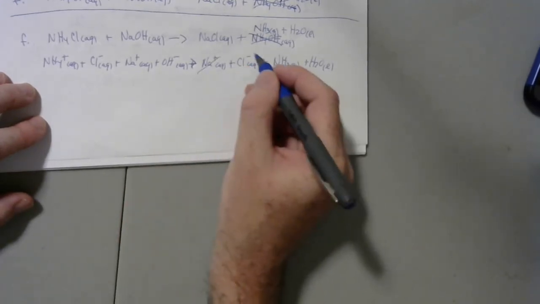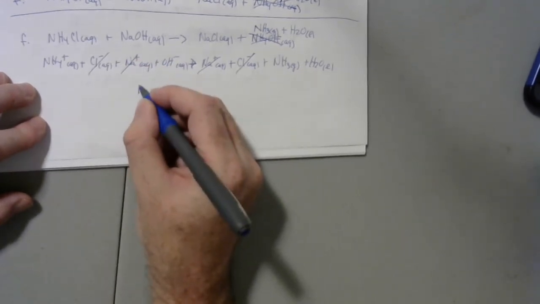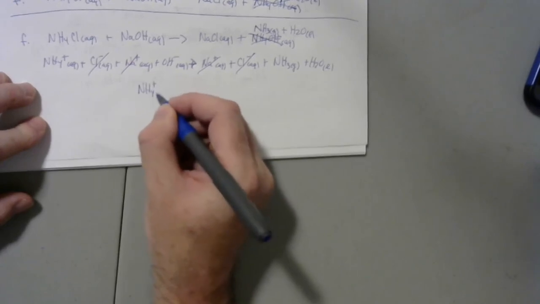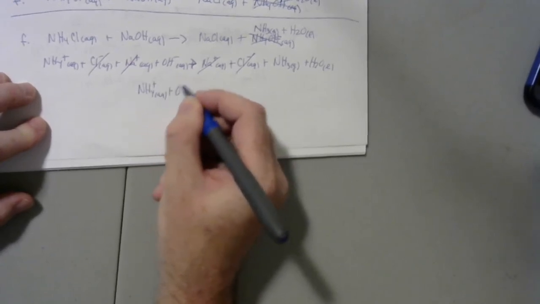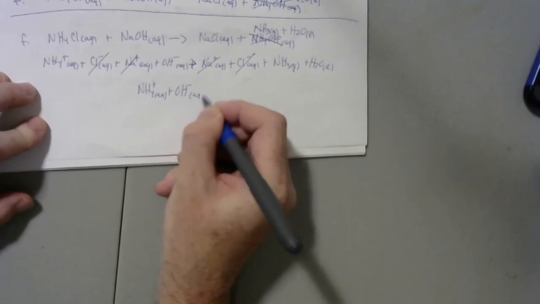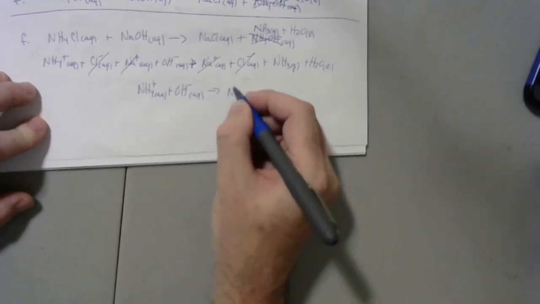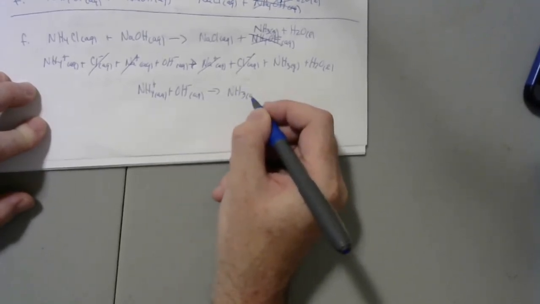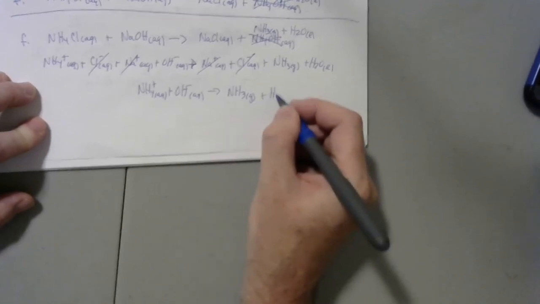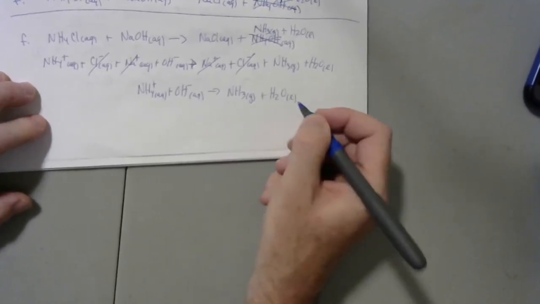Now canceling out the ions, it'll be the ions in the salt again. And so we're going to get ammonium ion aqueous plus hydroxide aqueous going to form ammonia gas and water liquid, and that would be our net ionic equation.